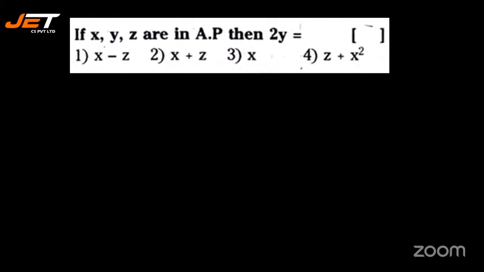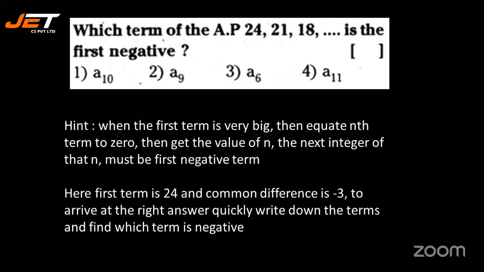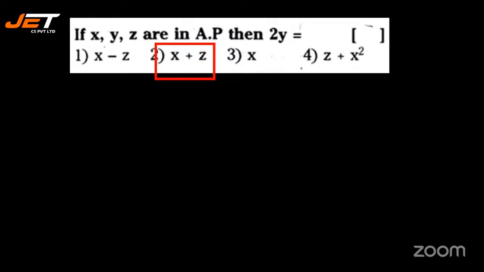In AP, it is A plus C by 2, isn't it? So it is x plus z by 2 is equal to y. When the 2 goes to the other side, it becomes 2y is equal to x plus z. Hope you have understood this. It's a very simple formula based question.